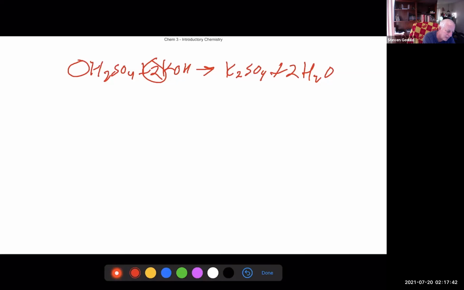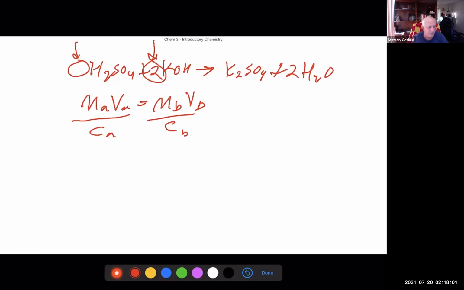So if it's different values of moles, it's going to be molarity of the acid times volume of the acid over molarity of the base times the volume of the base. And both of these are going to be divided by the coefficient of the acid and the coefficient of the base. The coefficient just means this number right here in front of the compound. So that's CA and CB, coefficient.